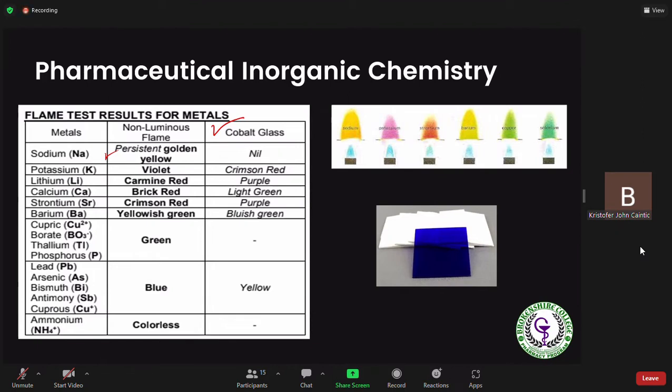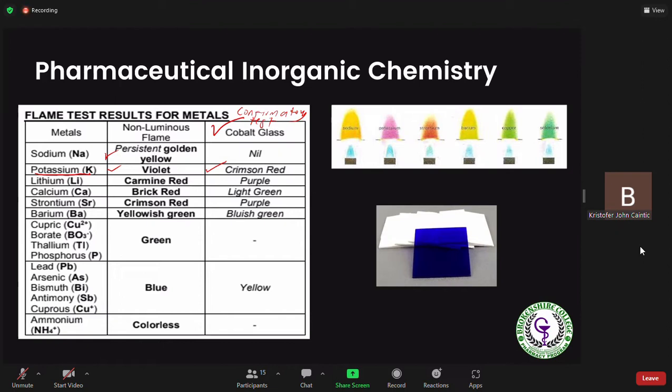If your substance is potassium, it will give a violet color in the luminous flame, but under your cobalt glass, it will give a crimson red color. So again, a cobalt glass test is used as a confirmatory or additional test to confirm the presence of your element.